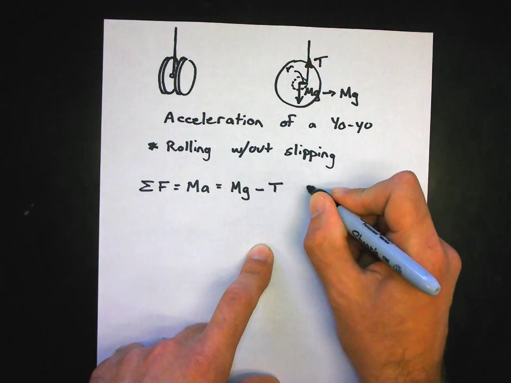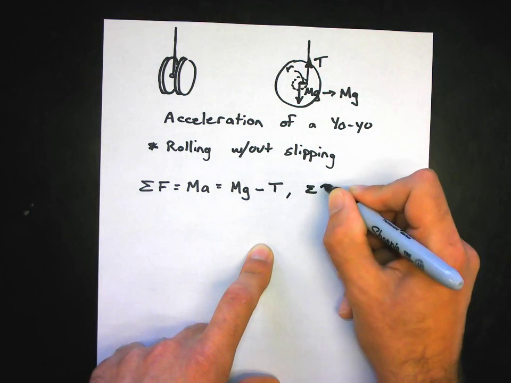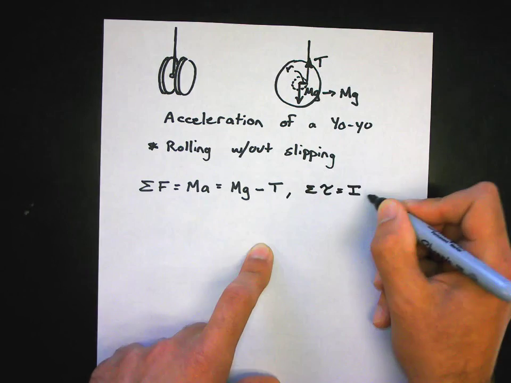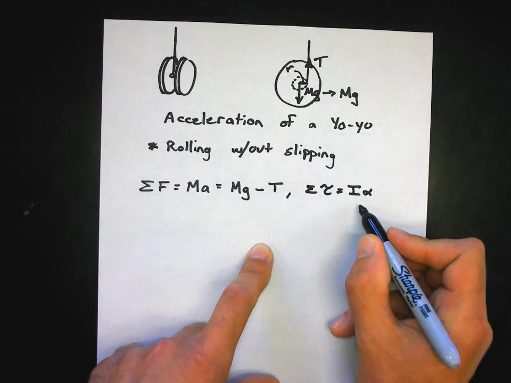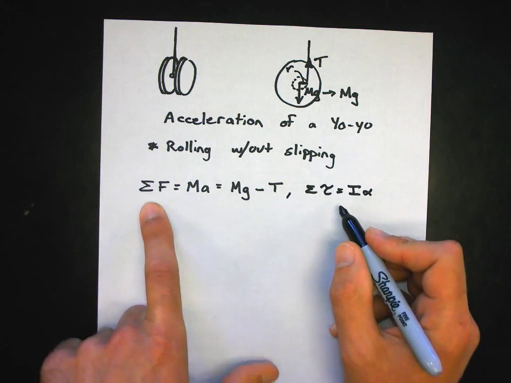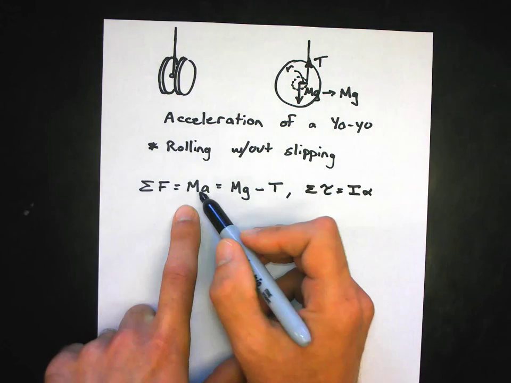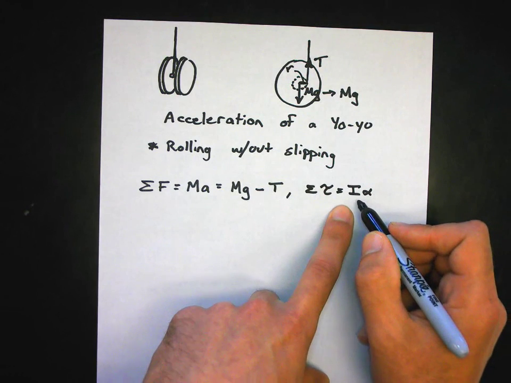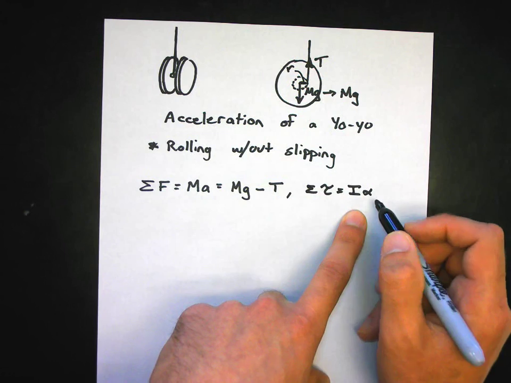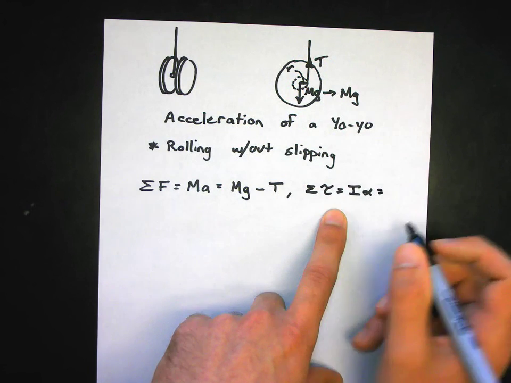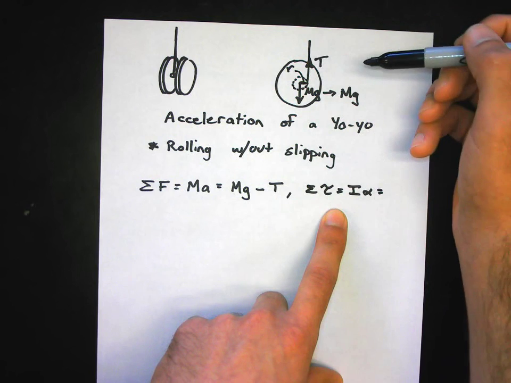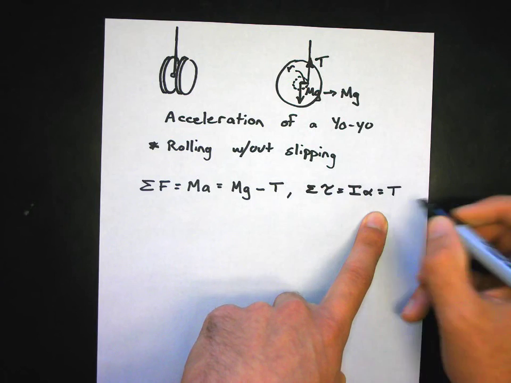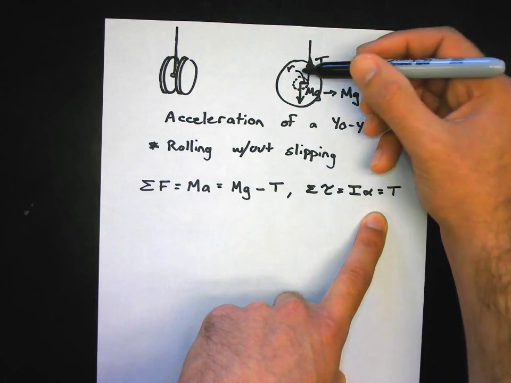And using torque concepts, we can say the sum of the torques should be equal to moment of inertia times alpha. So this is the rotational form of Newton's second law. You can say the sum of the forces equals mass times acceleration. Over here, the sum of the torques equals moment of inertia times angular acceleration. And then we just want to add up all our torques. So we can see that tension is the only torque acting on this yo-yo. So we get tension times its moment arm, so little r.